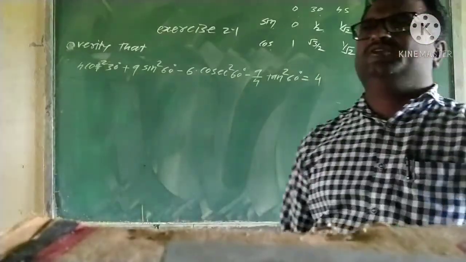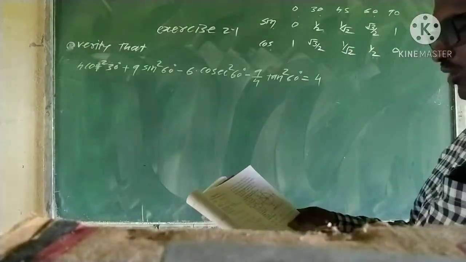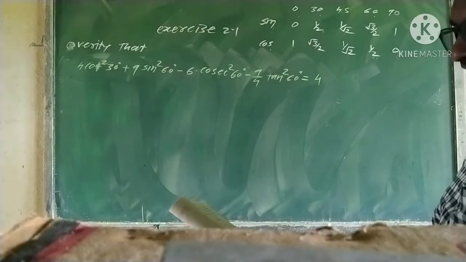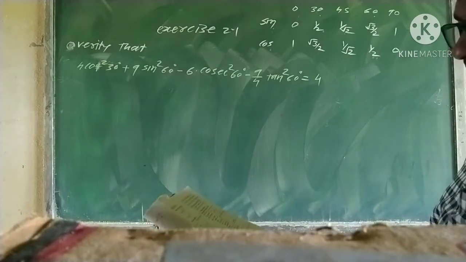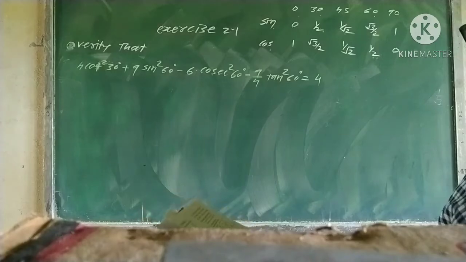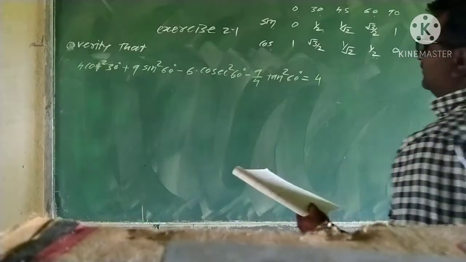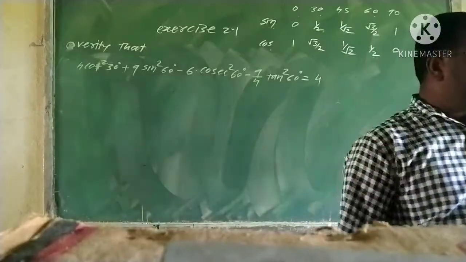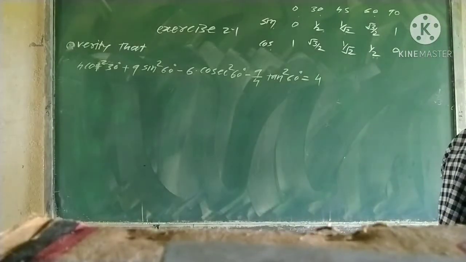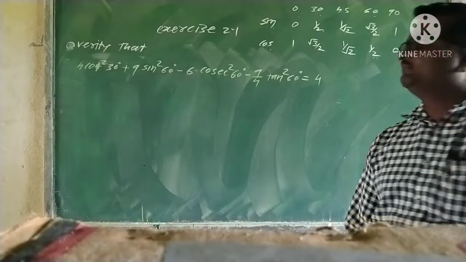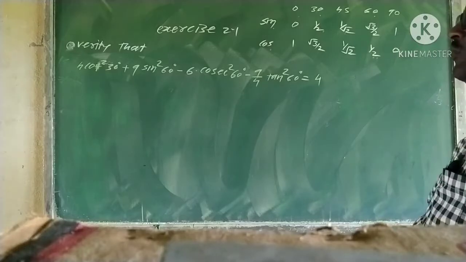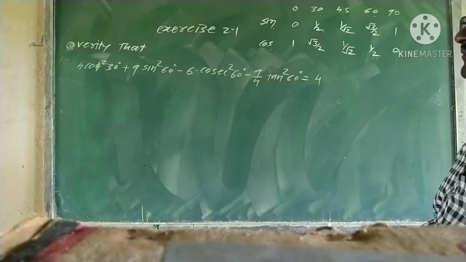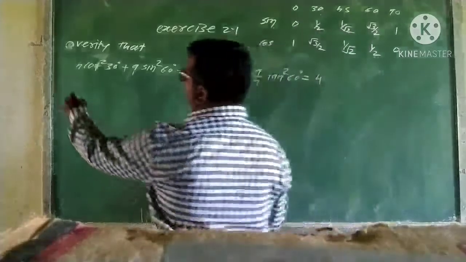Now we will see this problem: 4 cot square of 30 degree plus 9 sin square of 60 degree minus 6 cosec square of 60 degree minus 9 divided by 4 tan square of 60 degree, that is equal to 4. Now here, to solve this problem, the process is the same. We can only put in the values.